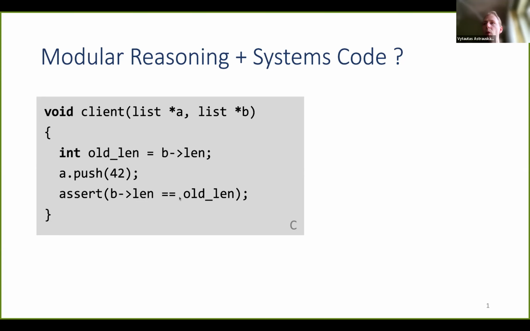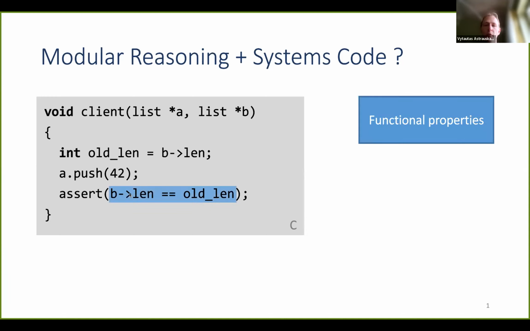And let's say we want to prove that this assertion always holds. So that's the functional property we would like to prove. The question is, what do we need to do to achieve this?